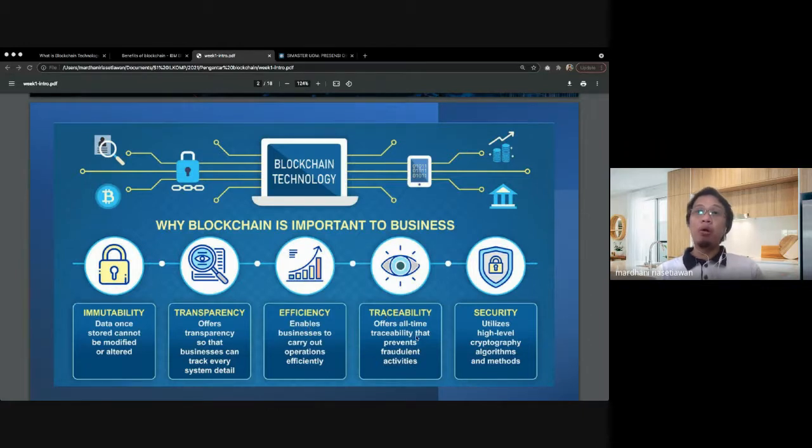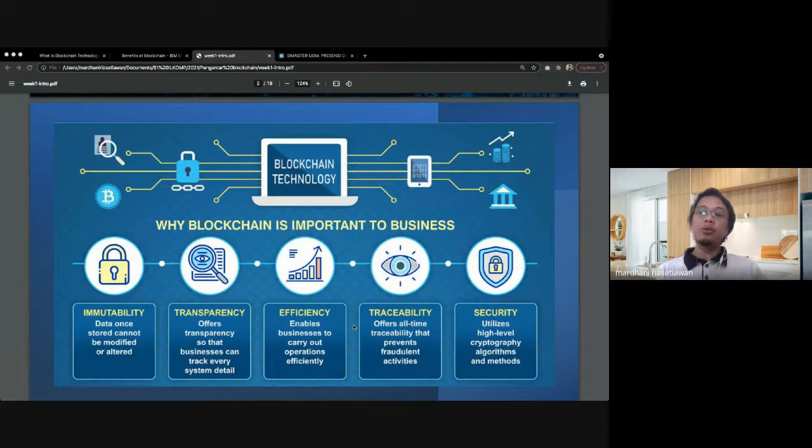This offers all-time traceability that prevents fraudulent activities. So in blockchain technologies, we offer that the transactions or activities on the system can be traced all of the time. So it means we can avoid and mitigate fraudulent activities.